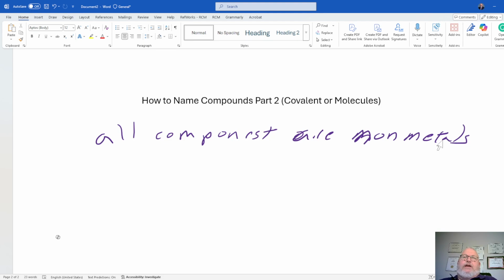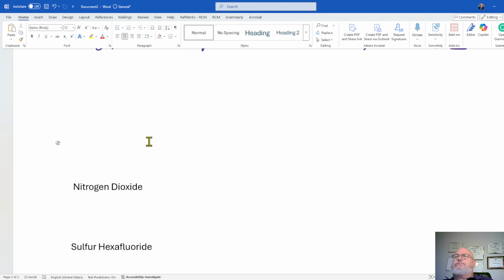You just put the name of the element there. For the second one, just like we did with the other ones, you take the root, ox for oxygen, and put IDE there, so it's still oxide, fluoride, and so on and so forth. Let's look at some. It's easier to do than to talk about.